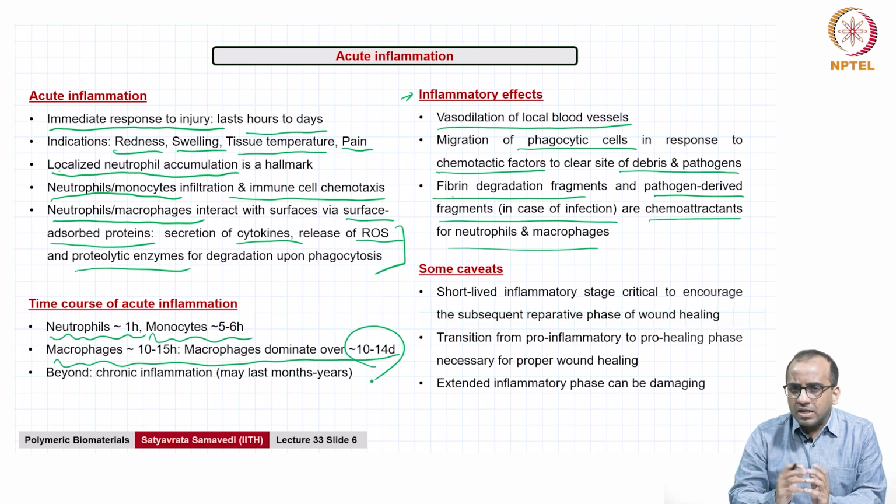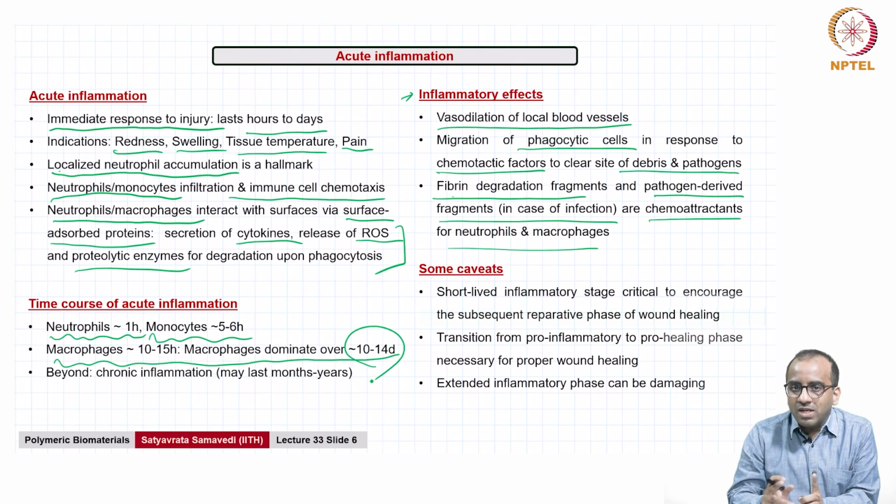Depending on the nature of injury, depending on the severity of injury. And as we have already seen, in a normal wound healing cascade, this should be followed by proliferation of fibroblasts, deposition of extracellular matrix components, and reparative processes that lead to rebuilding of tissue.